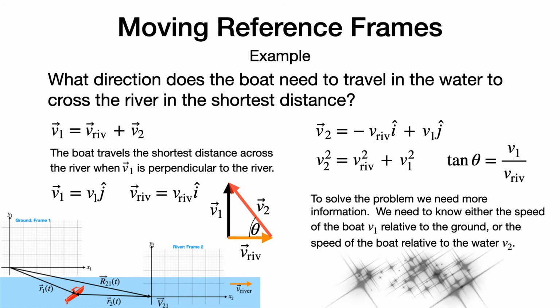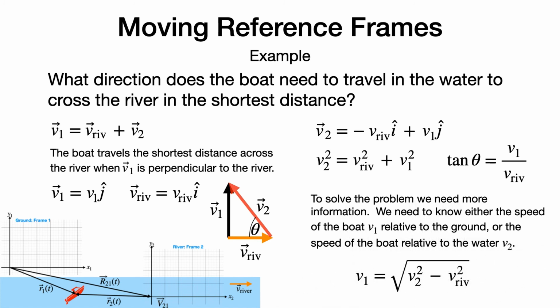We would simply use, again, the Pythagorean theorem, solving this time for v1 in terms of the velocity of the boat relative to the water: square that, subtract from that the square of the speed of the river, and take the square root, and that will give us the speed of the boat relative to the ground. Once we have that and we know the speed of the river, we can easily calculate the direction.